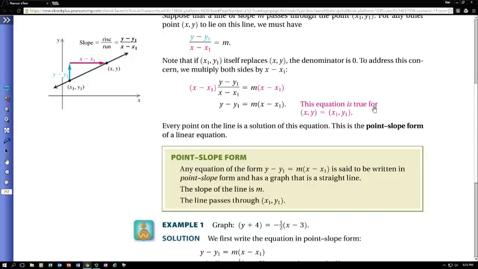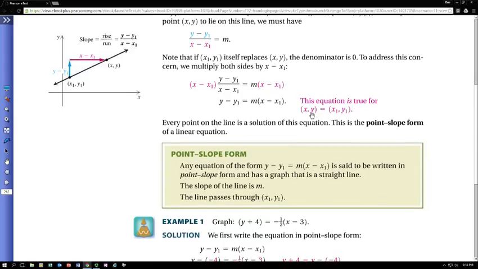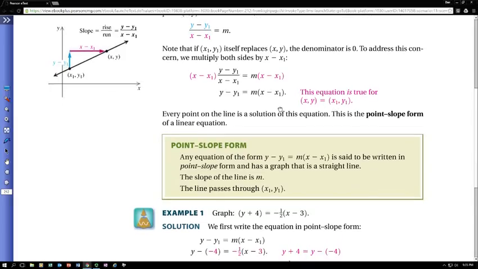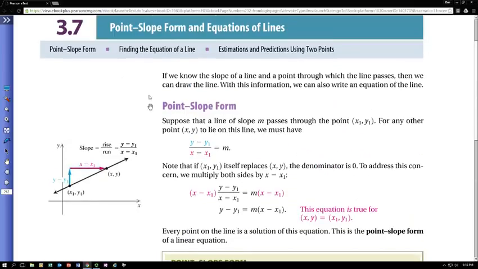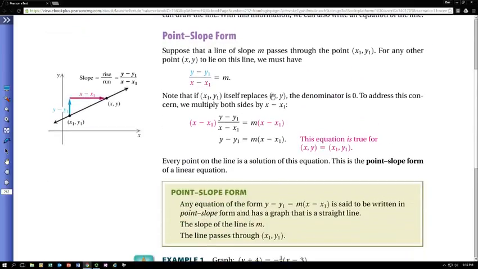So this equation is true for x, y equals x sub 1, y sub 1. Okay? Now, what they're telling us here, and we'll probably come back to this a bit, you can go like, well, what are they doing this for? Well, part of it is finding an equation of a line.